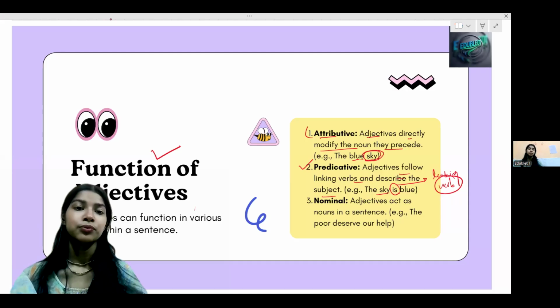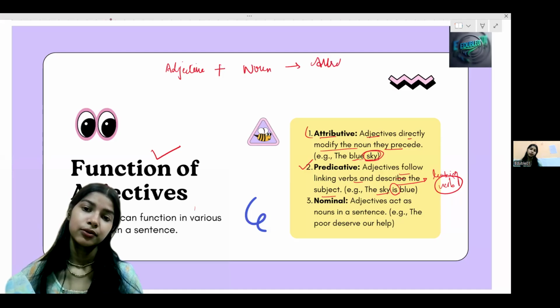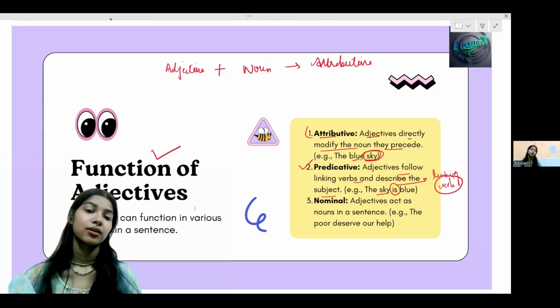So here is the pattern. In attributive, there will be the adjective plus a noun. This is the pattern for the attributive type.